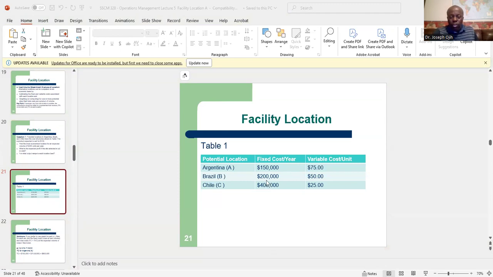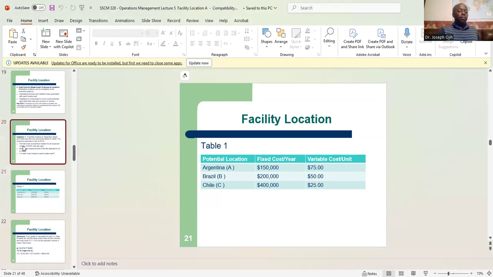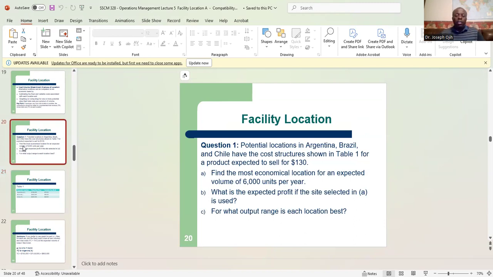Brazil's fixed cost is $200,000 and variable is $50,000, and so on. The product sells for $130. Find the most economical location for an expected volume of 6,000 units per year. What is the expected profit if the site in A is used? And for what output range is each location best?